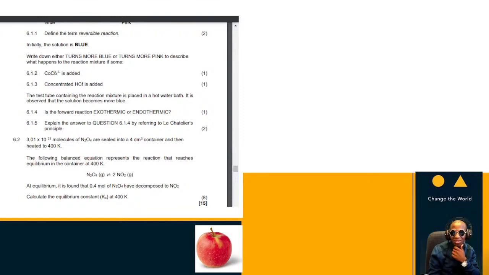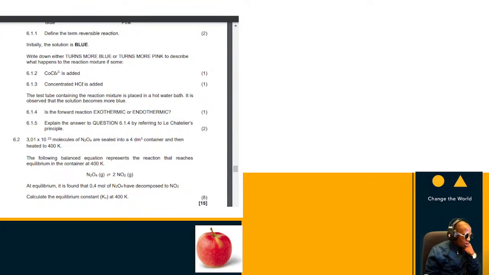Now we have the number of molecules, which is 3.01 times 10 to the power 23, divided by Avogadro's constant. What is the value of Avogadro's constant?